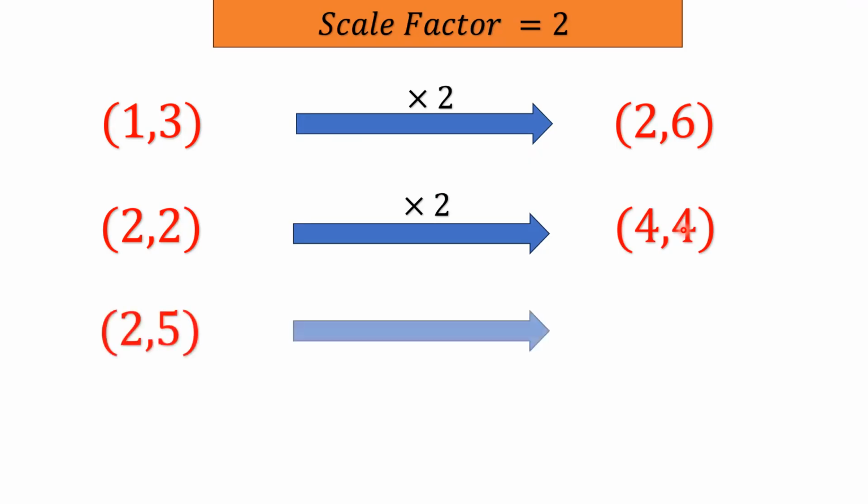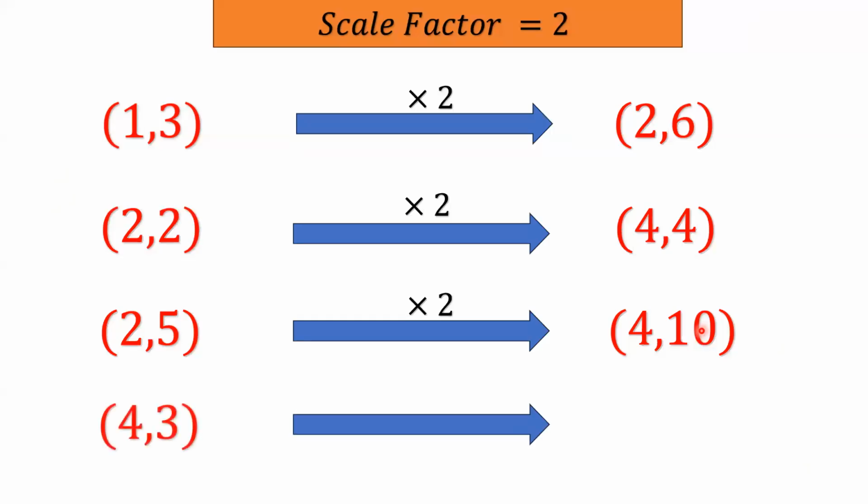Then we have 2, 5. 2 times 2 is 4, and 5 times 2 is 10. And then for 4, 3, we have 4 times 2 is 8, and 3 times 2 is 6. And so our new points for our enlargement are 2, 6, 4, 4, 4, 10, and 8, 6.